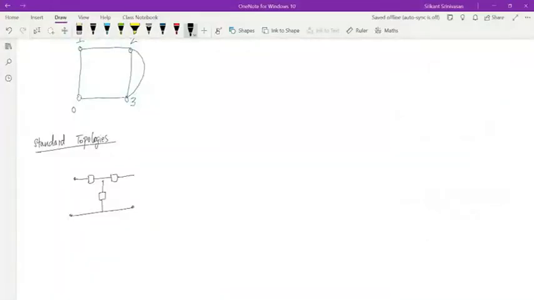Similarly, this is the T network. What is this one called?